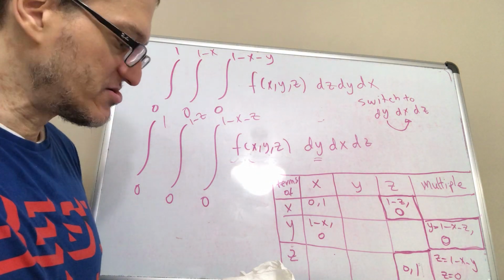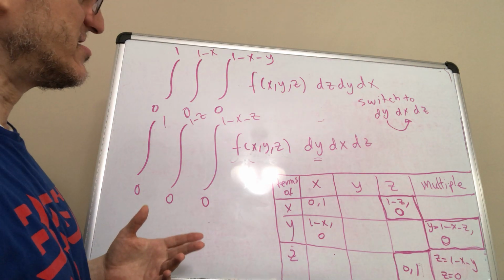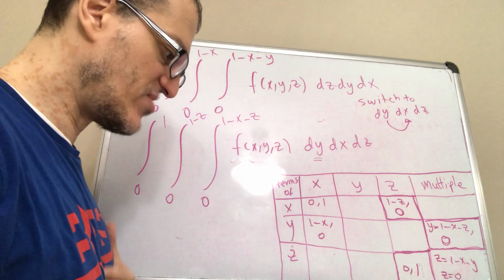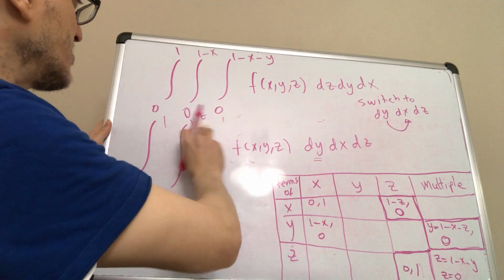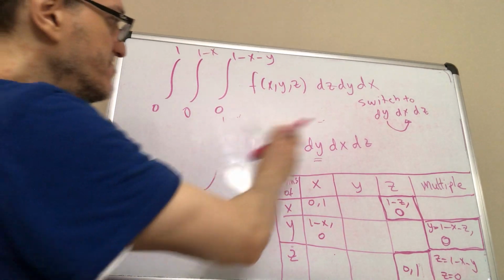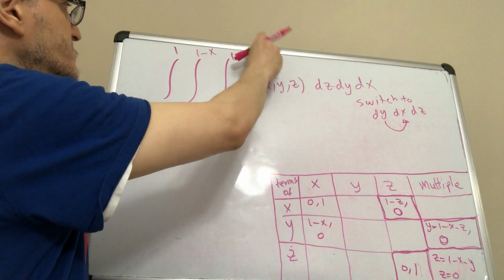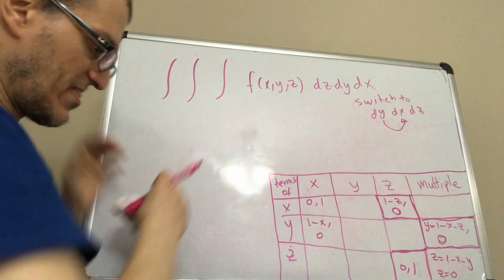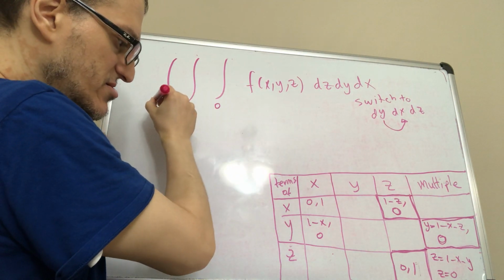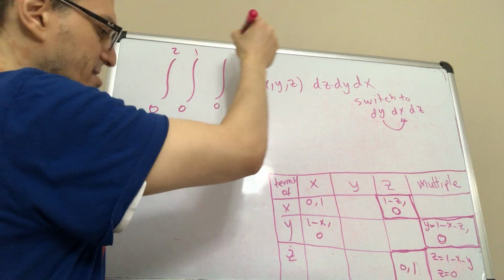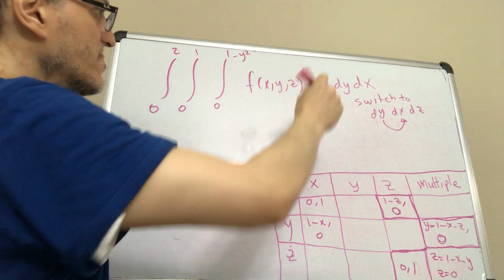Okay, so we're going to continue. It's another example like the one in the last part where you have the integral and you need to switch. So 0, 0, 0, 2, 1, and 1 minus y squared.